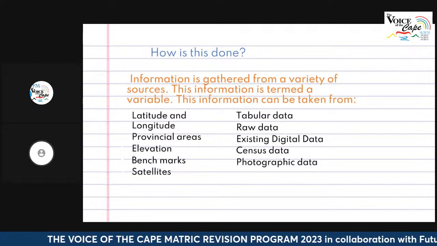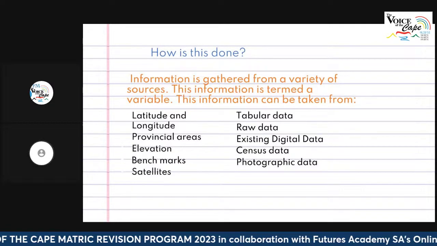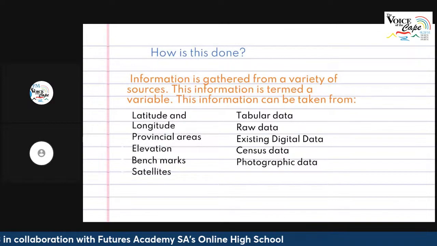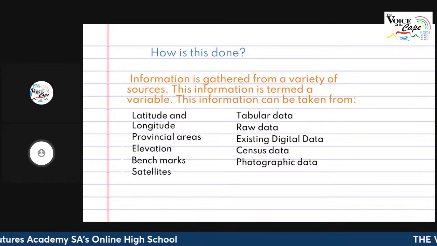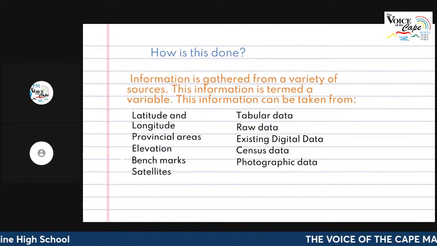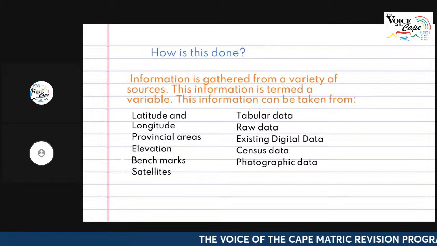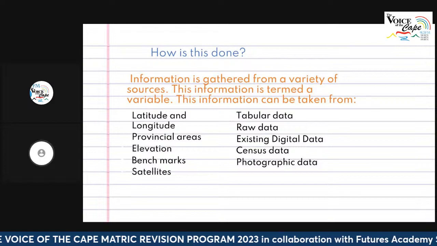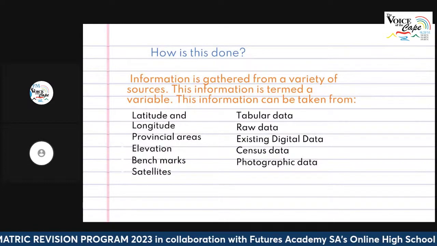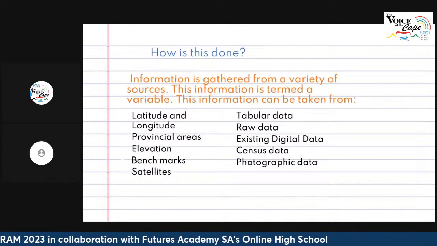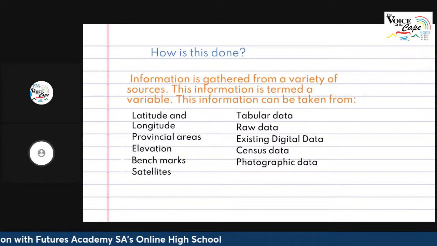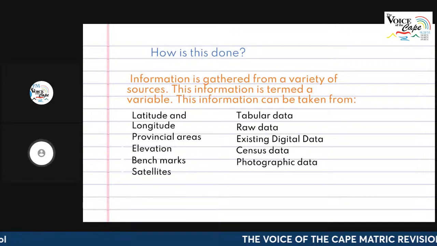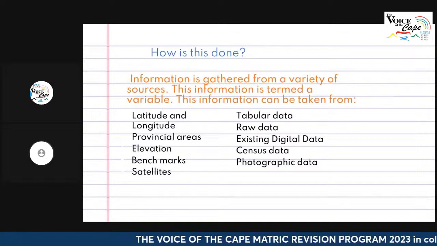This information can be taken from our latitudes, longitudes, provincial areas, elevation in terms of heights, benchmarks, again in terms of height, satellites, tabular data, so data that is found perhaps in cells, raw data, existing data that we find on the internet, census data, where we collect a census of the country, we use that particular type of data, and last but not least, photographic data. So all these types of data are used, and we use this to now create our layers.